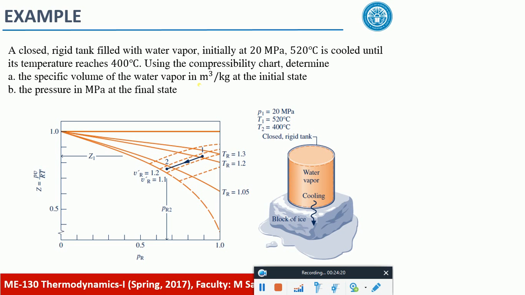So for the final state, we can also say this is P2 V2 over R T2 equals Z. Right? That's how we can find that out. Do we have T2 with us? Yeah, we know T2.